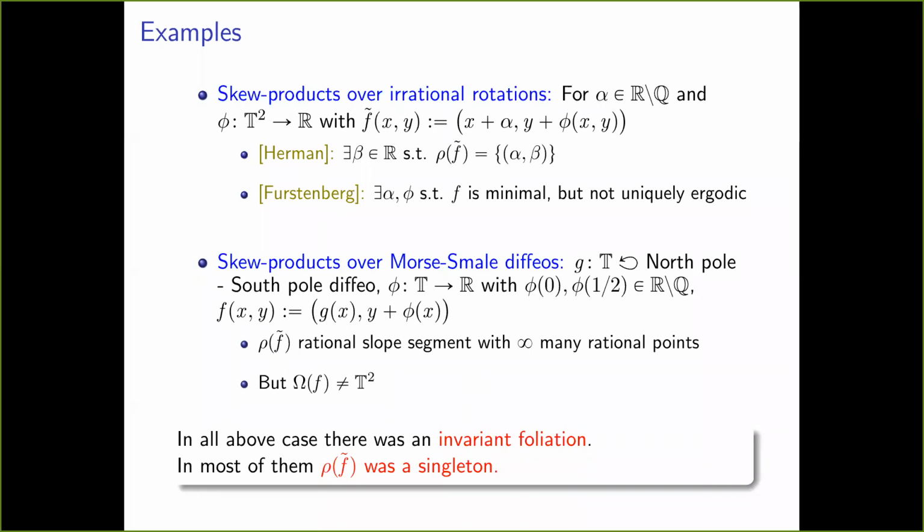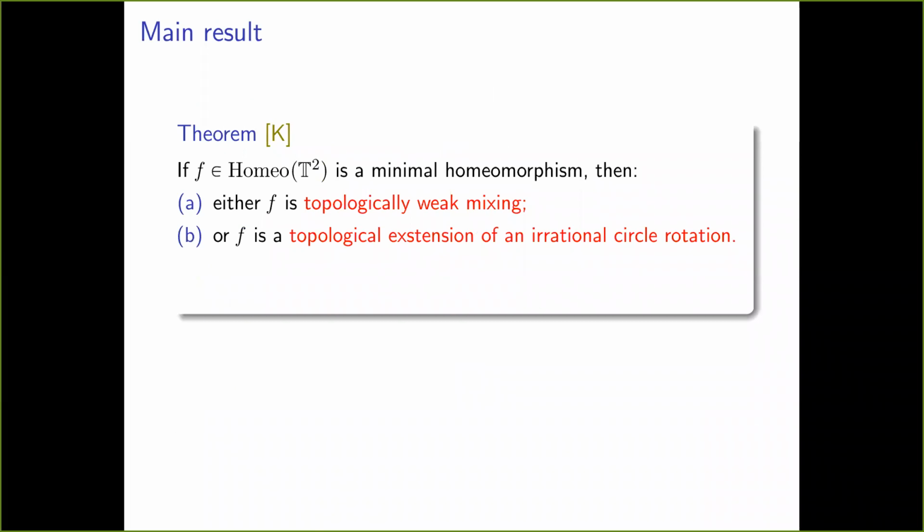So what can we say about periodic point-free or minimal homeomorphisms in general in dimension 2? Let me state the main result I want to discuss here. I like it very much because it's very short and very easy to explain.